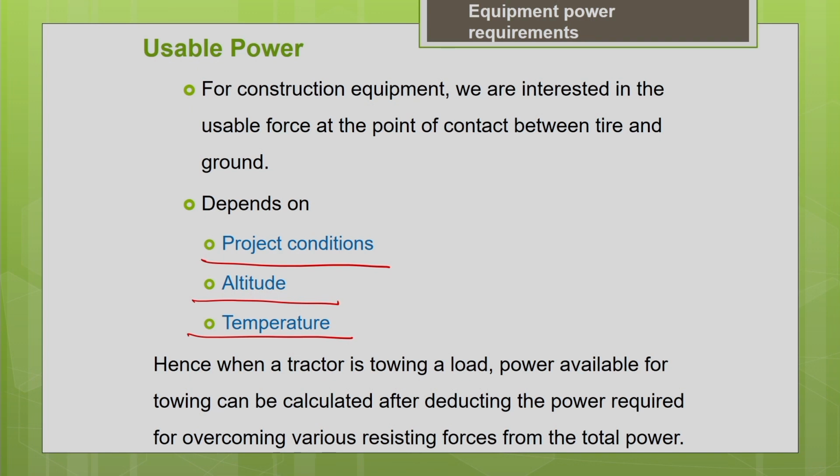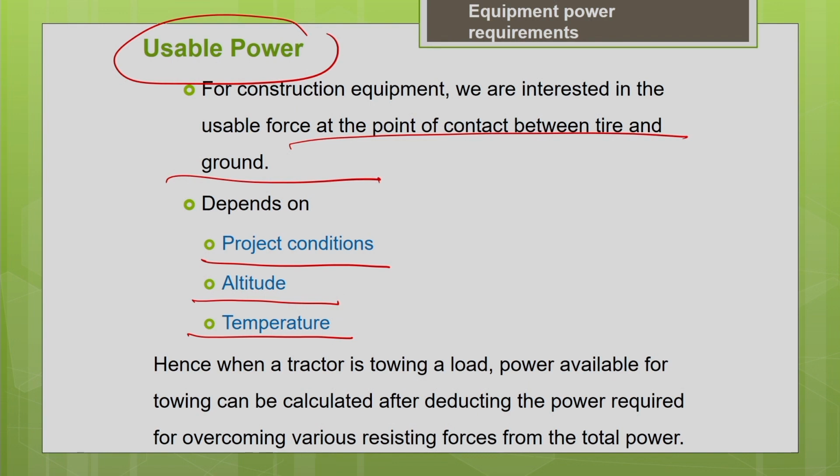So when your project conditions are going to differ from those conditions, the usable power will be obviously different. But what we are interested in is mainly the usable power only. So what is the usable force which can be realized at the point of contact between the tire and the ground? This is our major interest. So we need to estimate this usable power of the particular machine.